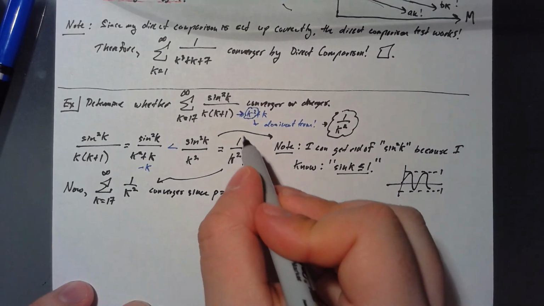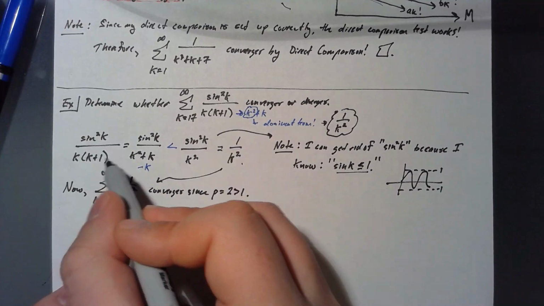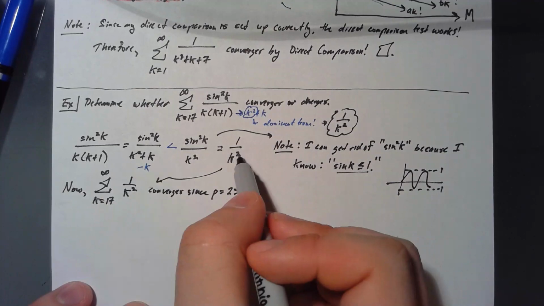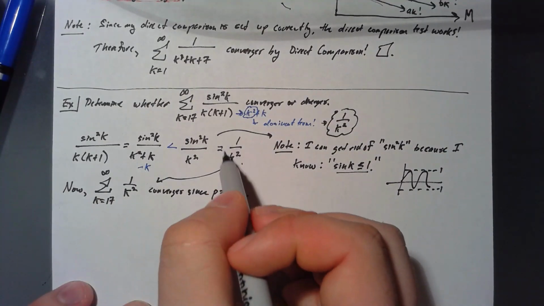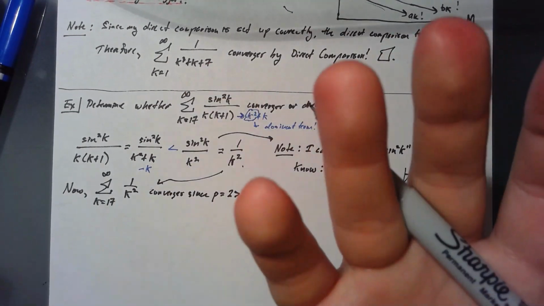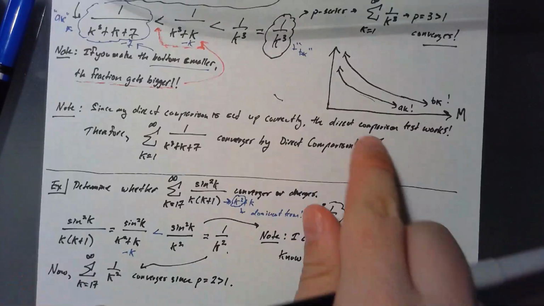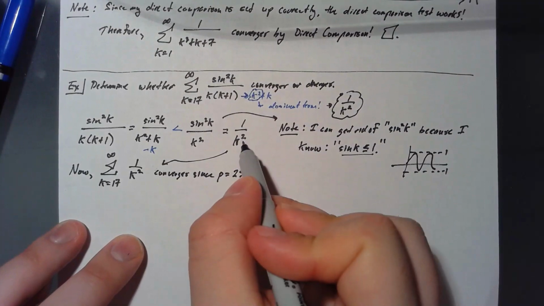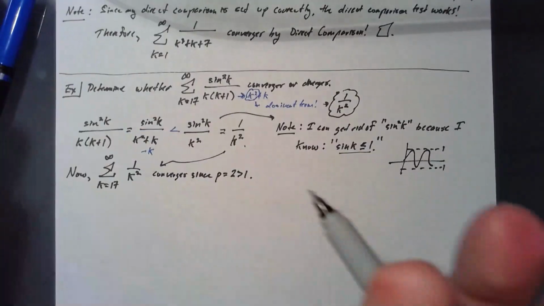And since this is greater than my original series, and this converges, my original series is caught between this series that converges and the value it converges to. We don't know what it converges to. We just know that it converges. So it's set up similarly to this problem right here. This series converges and it's caught below it, so it must converge as well.